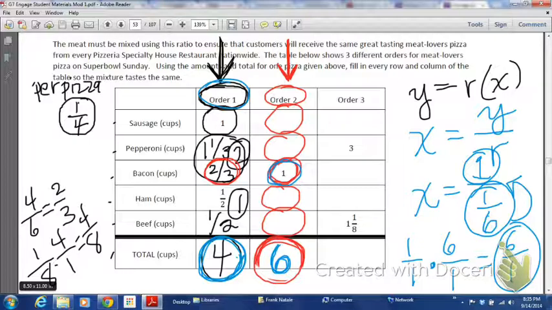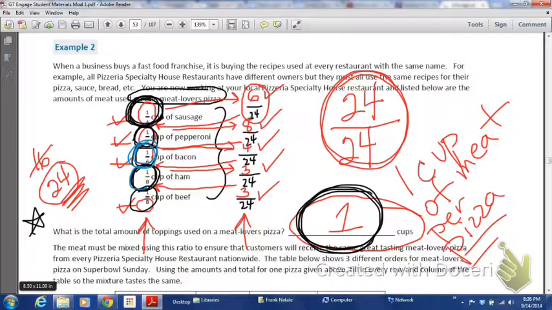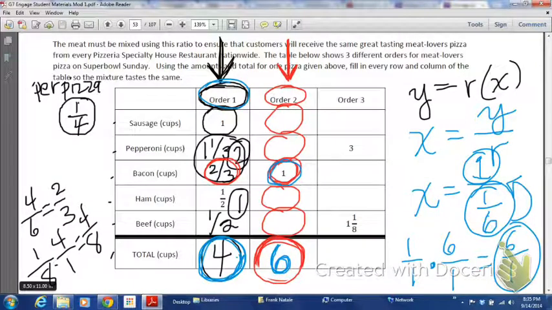If we did that, we know, for example, sausage was 1/4, so 6/4, which is the same as 1 1/2.